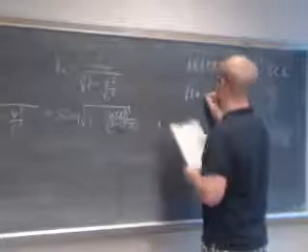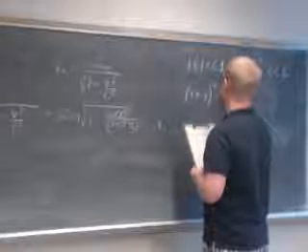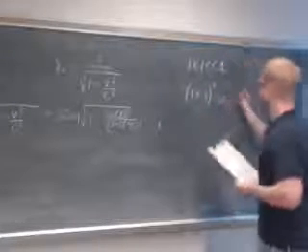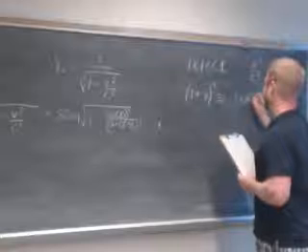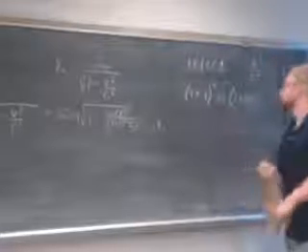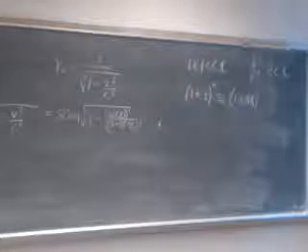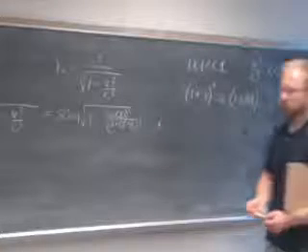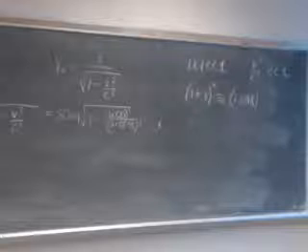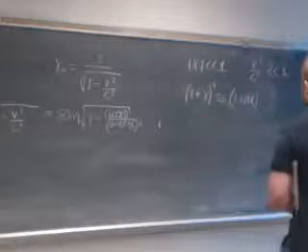Binomial approximation says that (1 plus x) to the a power is roughly equal to 1 plus ax. And for values that are much smaller, this is a really, really accurate approximation. Perfect.